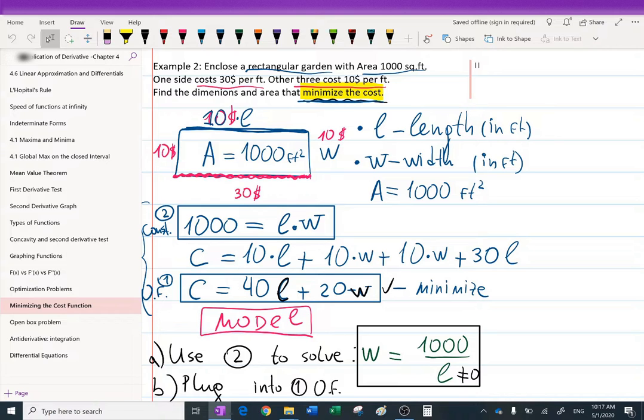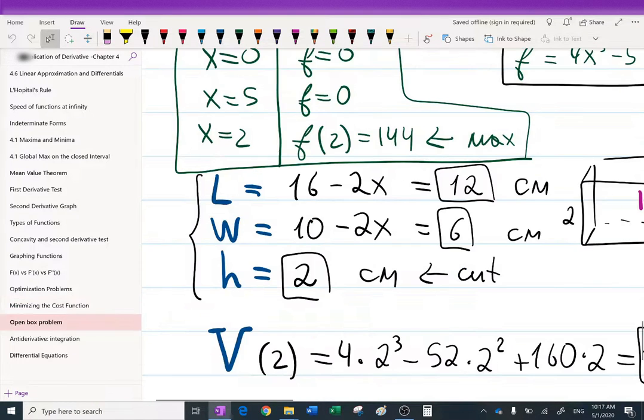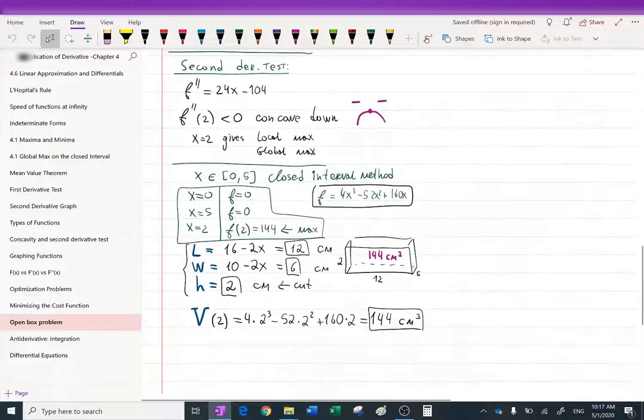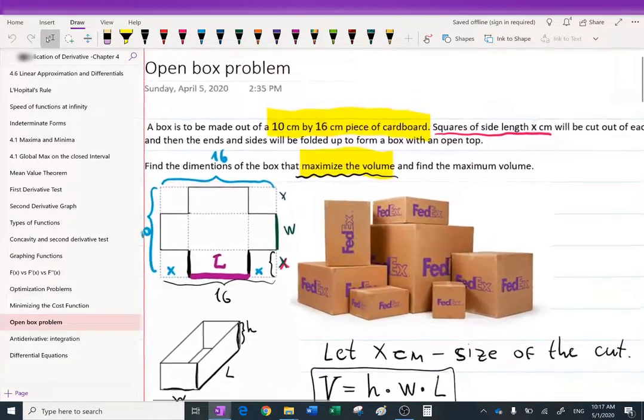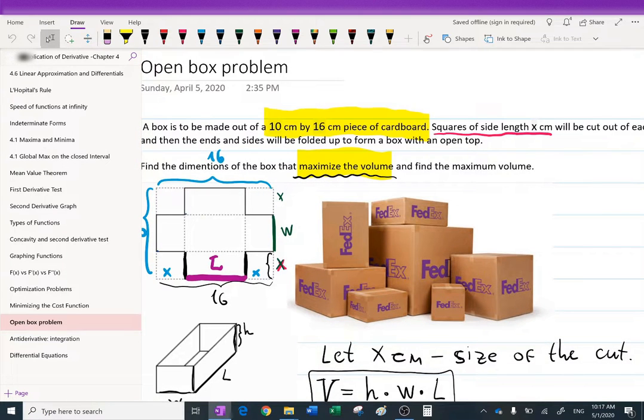How to maximize the profit and revenue. There was an open box problem, if you remember. Those are very classical problems, and we tell you that all of those things are not random. Those boxes you receive from FedEx have those shapes. That's not random. It was actually optimized for the customers to be able to fit as many items as possible.